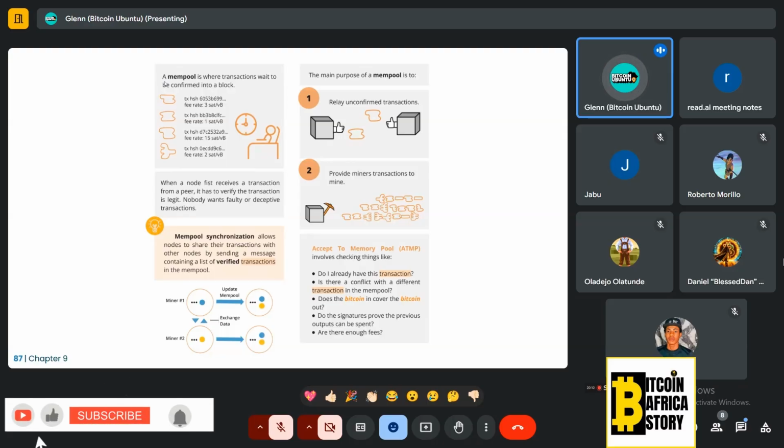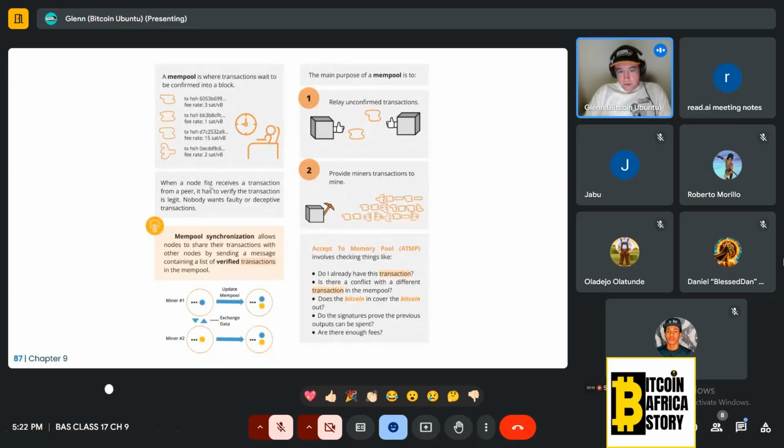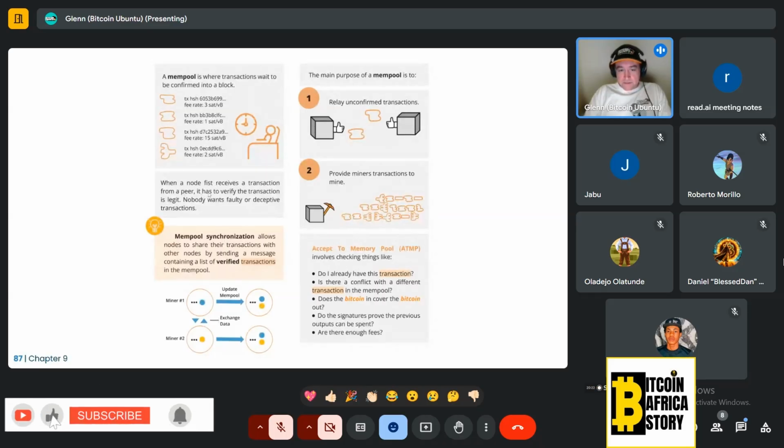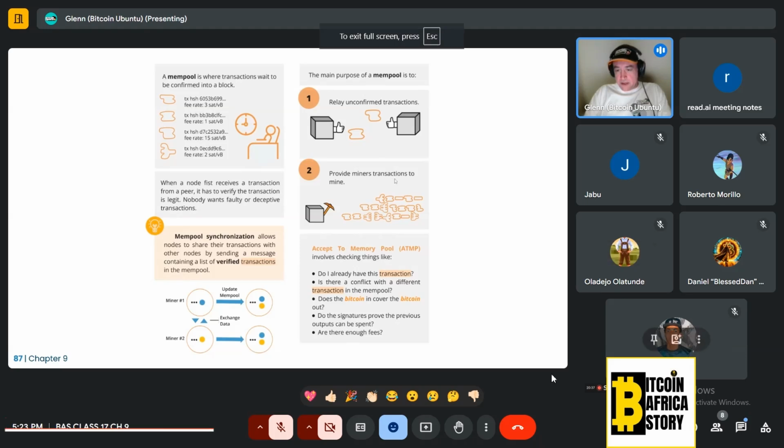A mempool is where transactions wait to be confirmed in a block. When a node first receives a transaction from a peer, it has to verify the transaction is legitimate. Nobody wants faulty or deceptive transactions. The main purpose of a mempool is to relay unconfirmed transactions and provide miners transactions to mine.